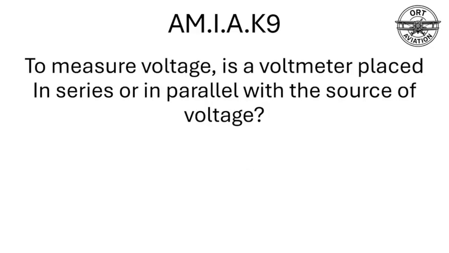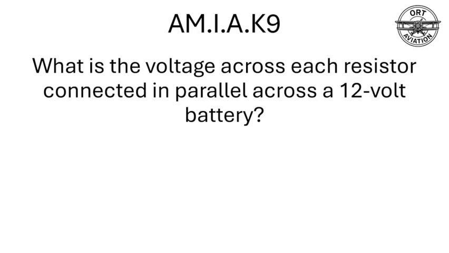To measure voltage, is a voltmeter placed in series or in parallel with the source of voltage? In parallel. What is the voltage across each resistor connected in parallel across a 12-volt battery? 12 volts.